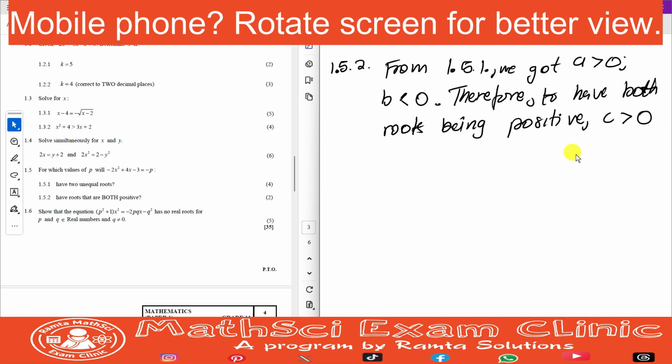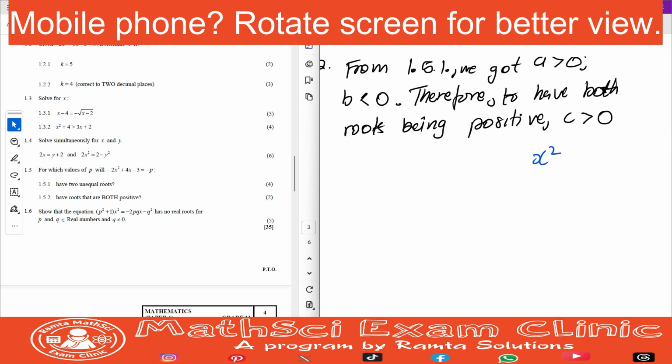Guys, if you have, for example, x squared minus 3x plus 2 equals 0, agree with me that when you solve for x, you'll get x minus 2, x minus 1 equals 0.